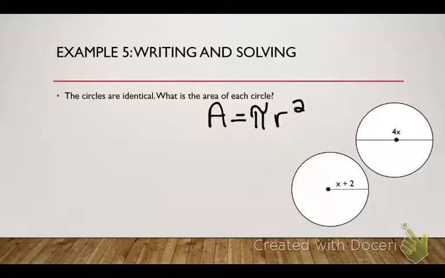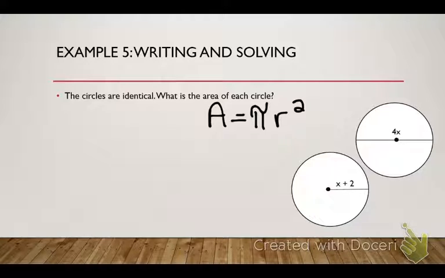But if I were to set up an equation, could I just make this circle equal to this circle, meaning x plus 2 equals 4x? I can't, because 4x is diameter. All right? I can't say the radius equals the diameter value. I need to find the radius of the circle that gave me only the diameter value. How would I know? If the diameter is 4x, how could I figure out what the radius is?